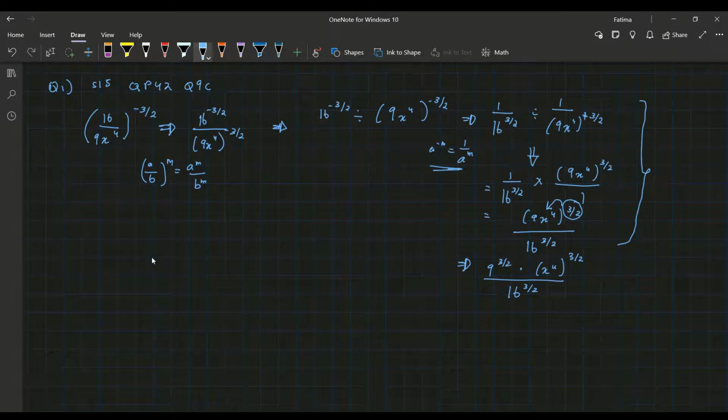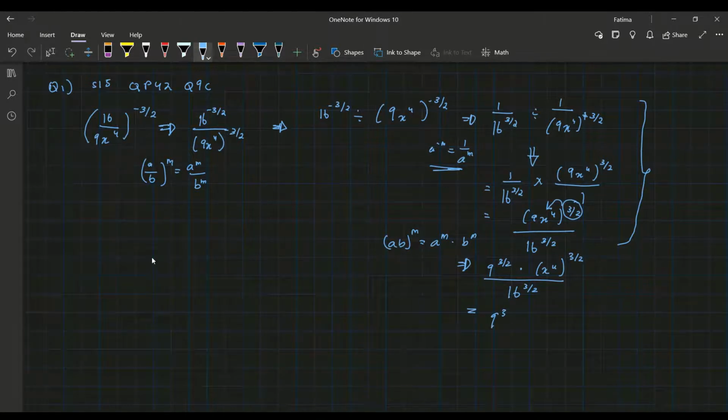The reason why I'm applying the power to 9 as well is because I'm making use of the indices rule that ab whole raised to m is equal to a raised to m into b raised to m. This dot over here represents multiplication. So that's why it's 9 to the power 3 by 2 into x raised to 4 whole to the power 3 by 2.